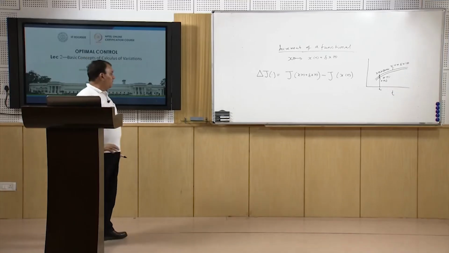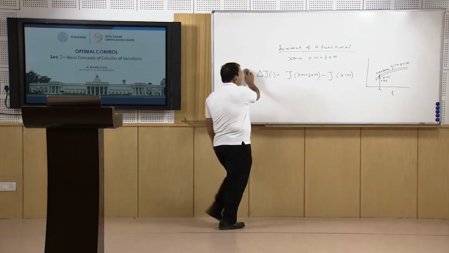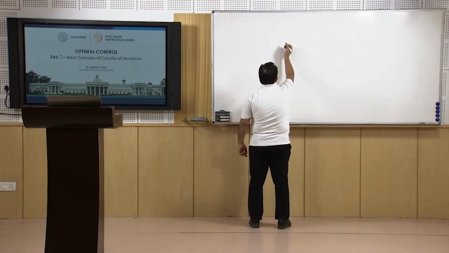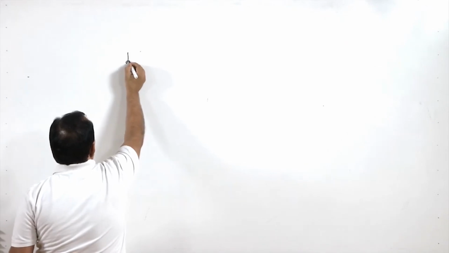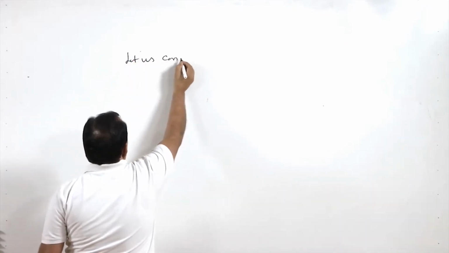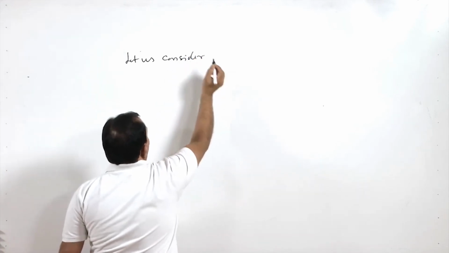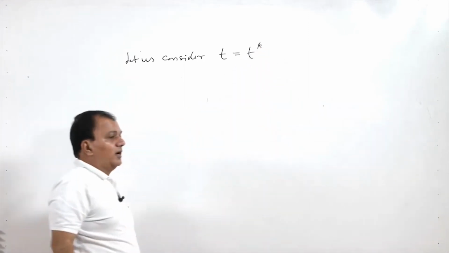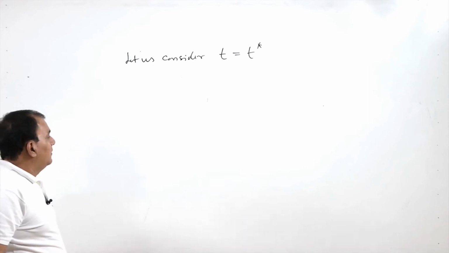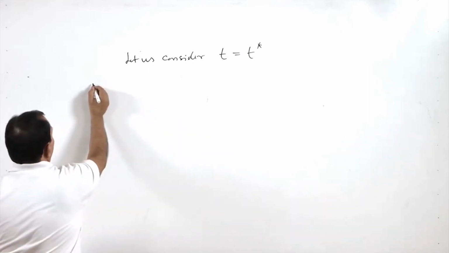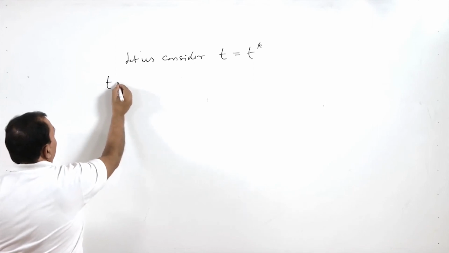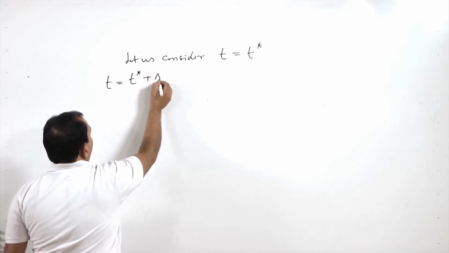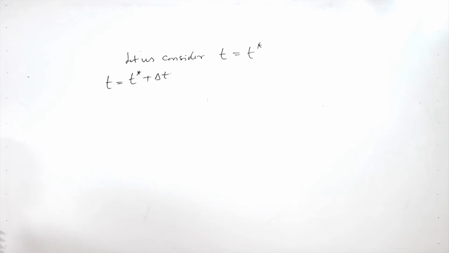Then we define the differential of a function. First we define the increment. Let us consider a point t equal to t star. Then t will change from t star to t star plus delta t.